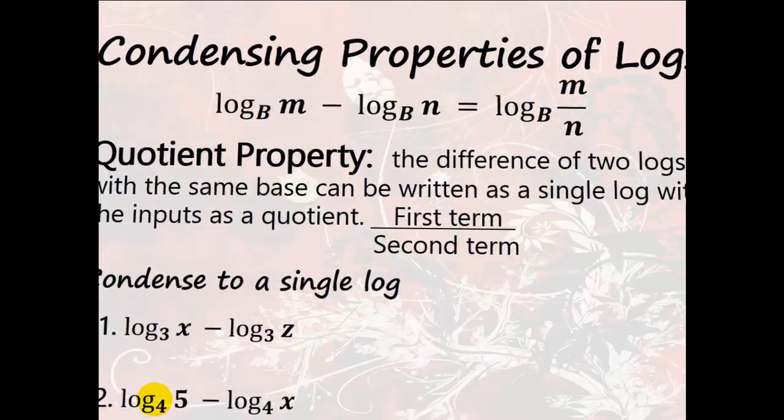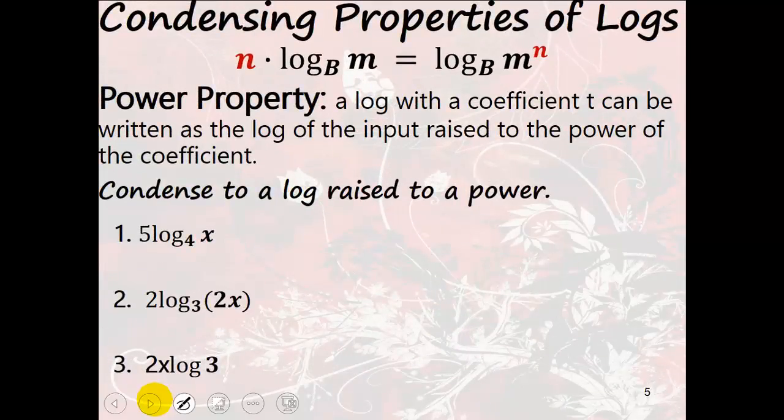The last property is the power property, and it says that if I have a coefficient out in front of a log being multiplied by the log, then to condense it, I can move that coefficient back to the power position. We don't always use this property.